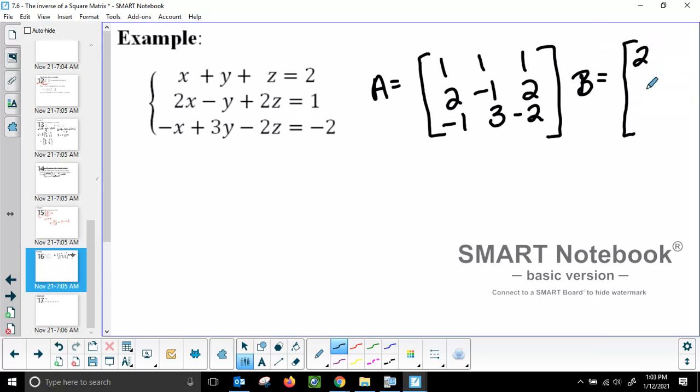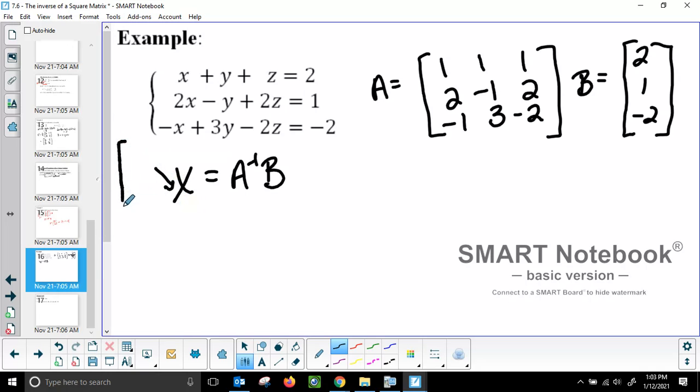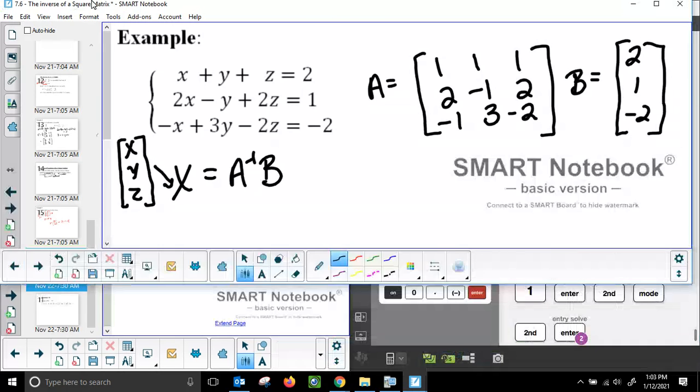So 2, 1, -2. We know that X is equal to A inverse times B from our last slide. Now it is important to note that X is our variable matrix, which in this case would just be X, Y, Z. So we can actually let our calculator do this for us.